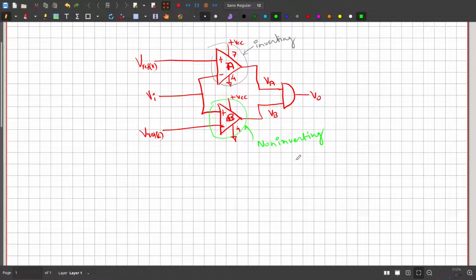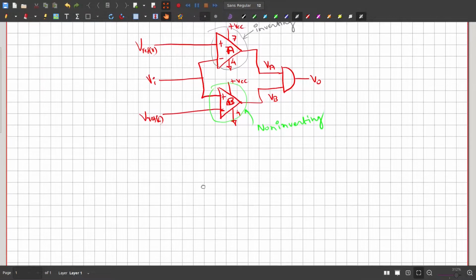Let me draw the outputs for all the cases. So let's try the first, inverting case.